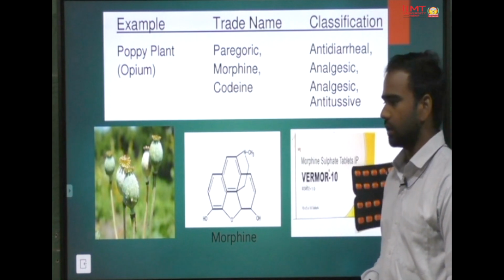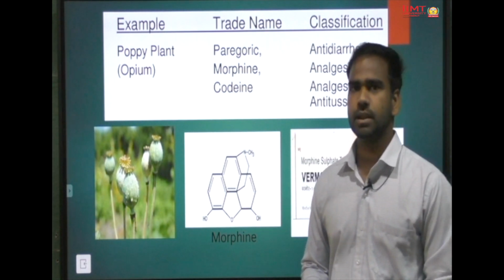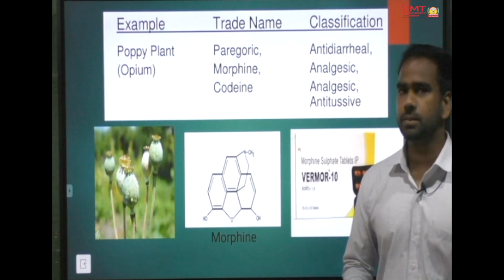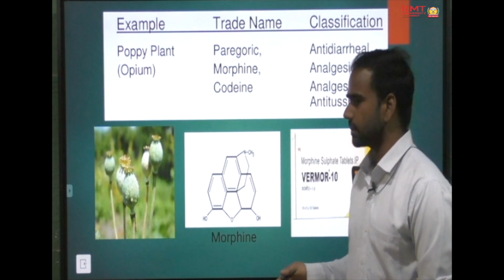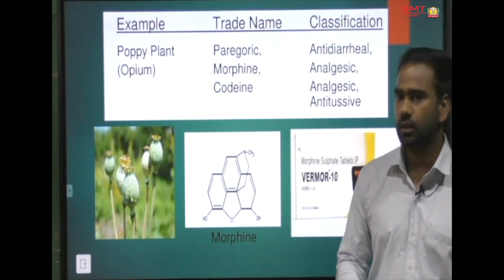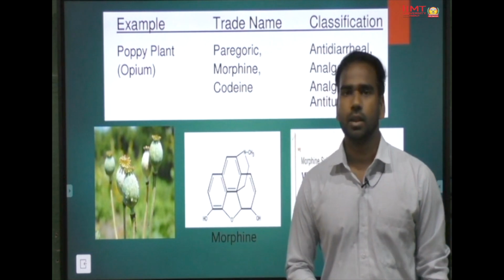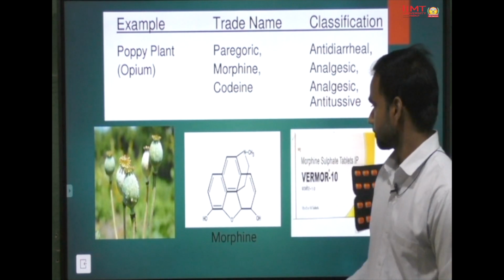So it cannot be cultivated easily. If you are going to cultivate Papaver somniferum, you have to take several provisions, such as permission from the government of the area where you are going to grow it. It is also called the poppy plant.